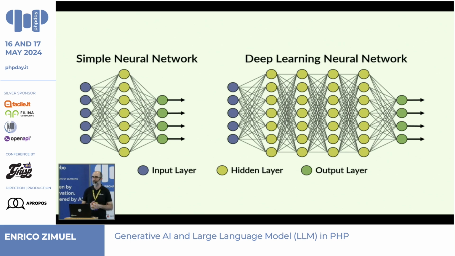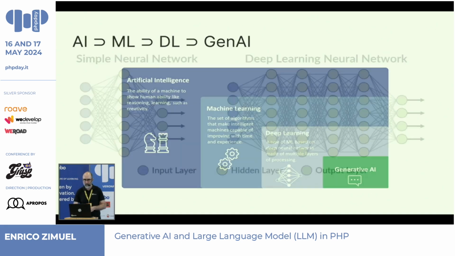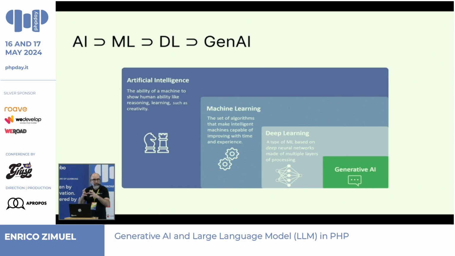Thanks to the game industry, now we have GPU processors that we can use for running these models. Basically, generative AI in this picture is just a little subset of deep learning, machine learning, and artificial intelligence. There are different algorithms depending on what you're looking for.